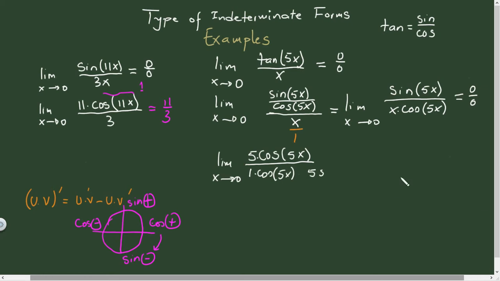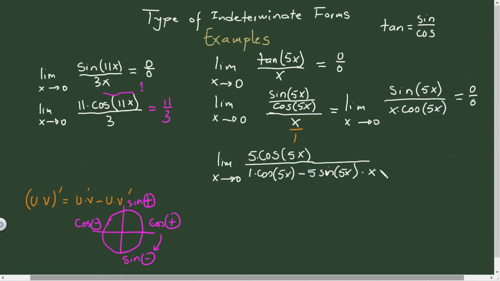So we're going to have here minus, and minus 5 sine of 5x times x. So instead of writing it this way, I can rearrange it times x, and that's the whole thing.